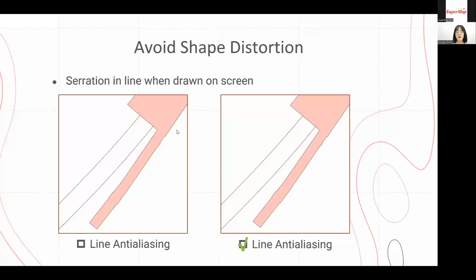That is not a bug of the software. It's just caused by the display of your screen, and we can easily avoid it by clicking line anti-aliasing. Just by one click, we can easily improve how those lines are drawn on the screen.